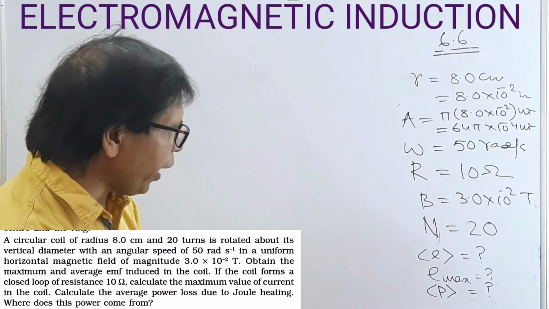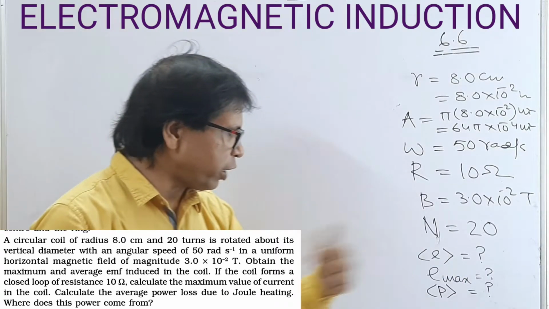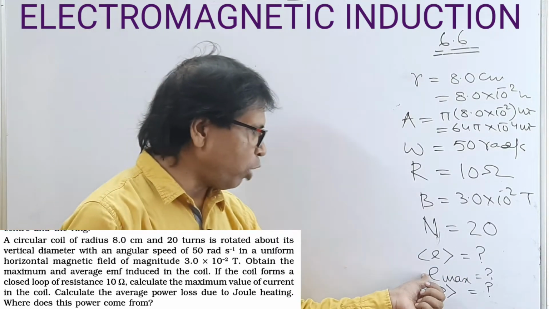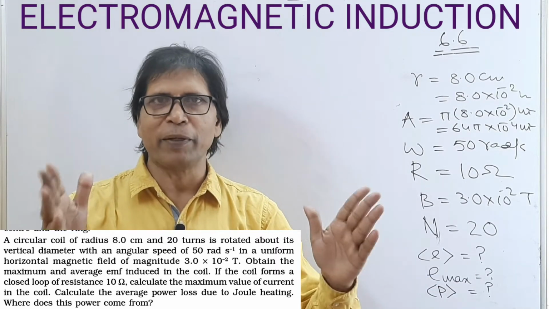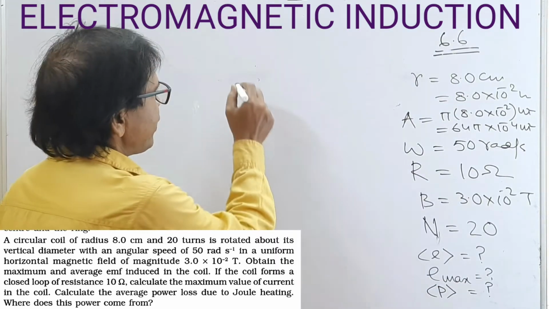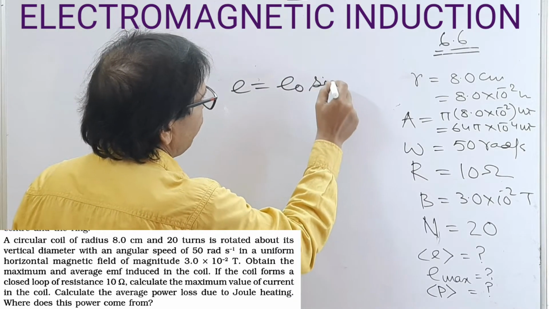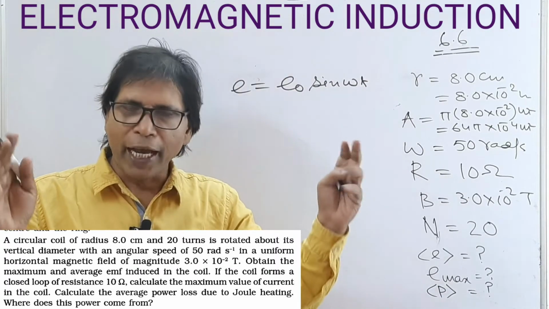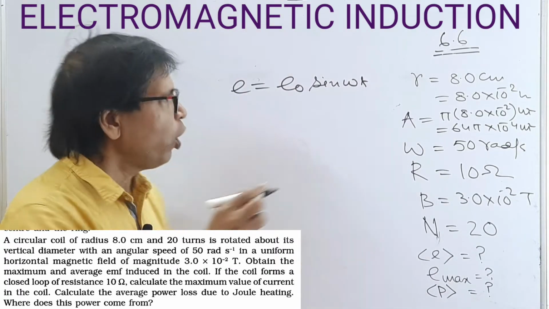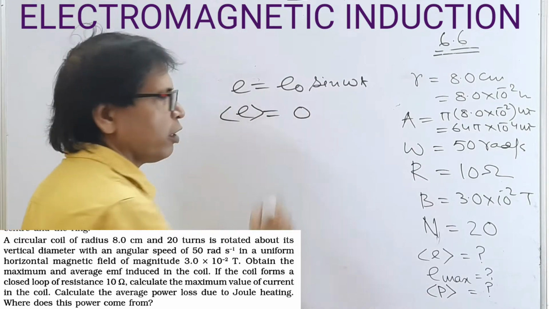We have to calculate the average value of induced EMF, the maximum value of induced EMF, and the average power dissipated. We know the instantaneous value of EMF is E equals E naught sin omega t. The average value of sin omega t is 0, so the average value of induced EMF is equal to 0.